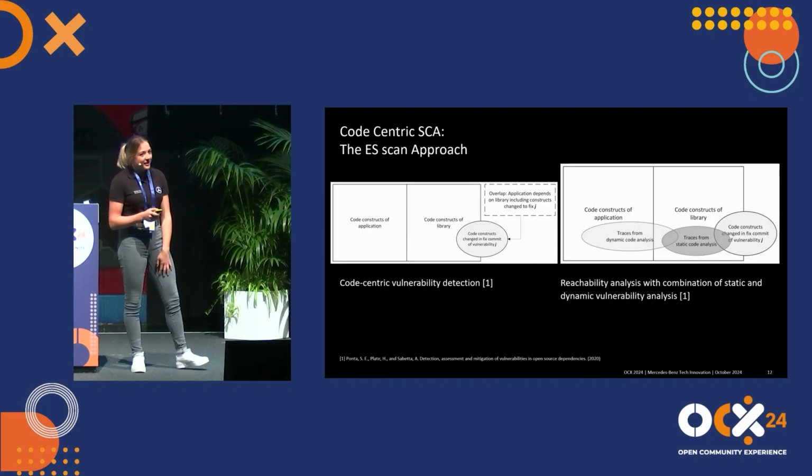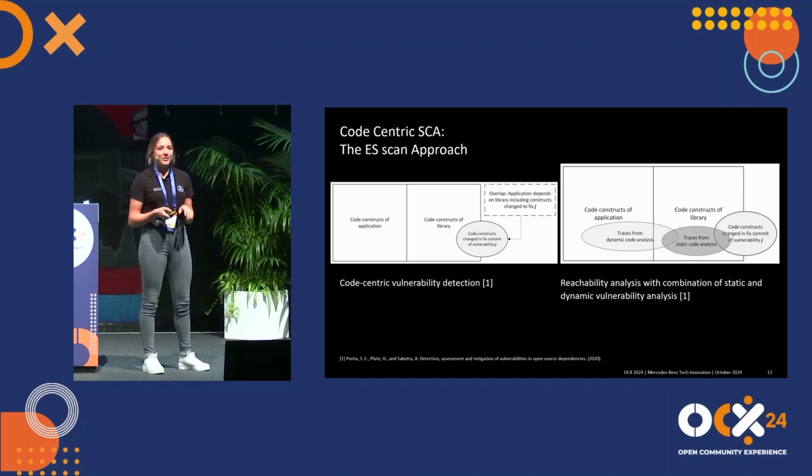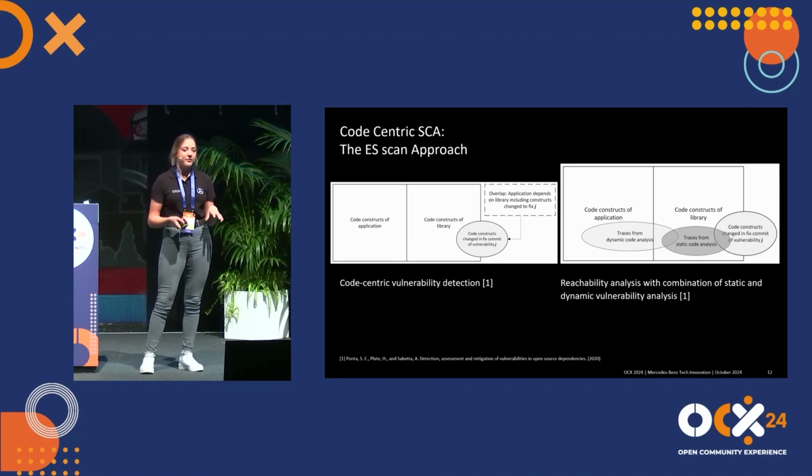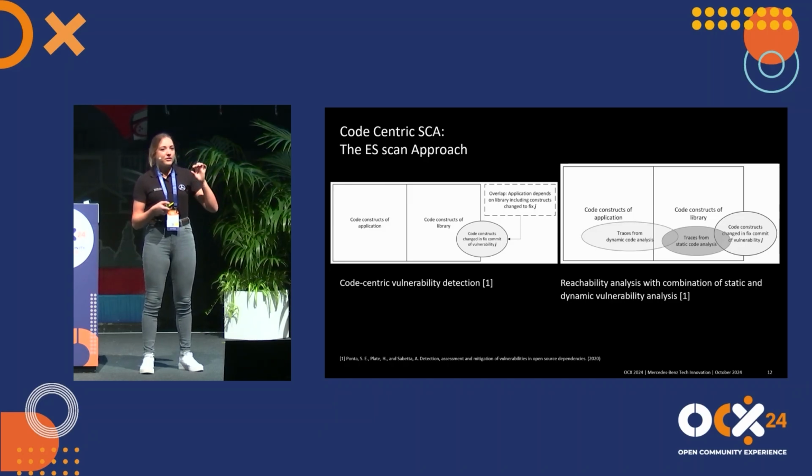The code-centric approach is a little bit more complex, so I will not go too much into detail right now, but just explain how it works. It works on code constructs. That means it builds code constructs out of our code and out of the library we're using, and upon these constructs it builds an abstract syntax tree.